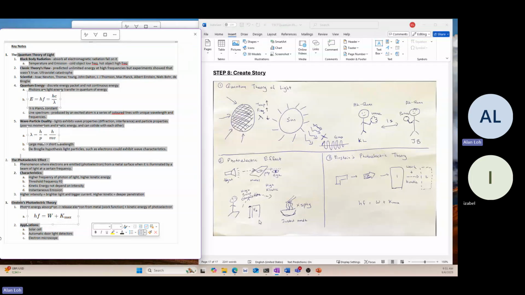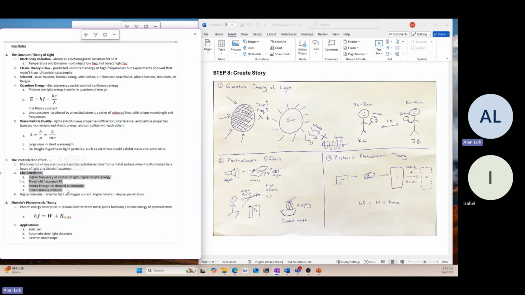You remember the characteristics, when we first read them, we did not understand what they were. But now, do you think that you can explain with just this picture the 4 characteristics? Not all of them. Right, there are 4. Higher frequency, higher kinetic energy.